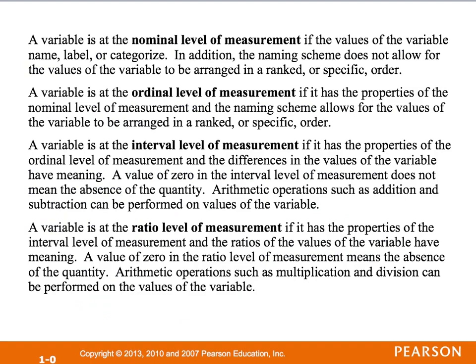And that's really because a height of 0 actually means that there is no height. So this is a variable at the ratio level of measurement. And again, the things we want to be asking ourselves is if the value is 0, does that actually mean that there is nothing? And the other thing we want to be asking ourselves is, does it make sense to say that this doubled, or this cut in half, or this tripled?